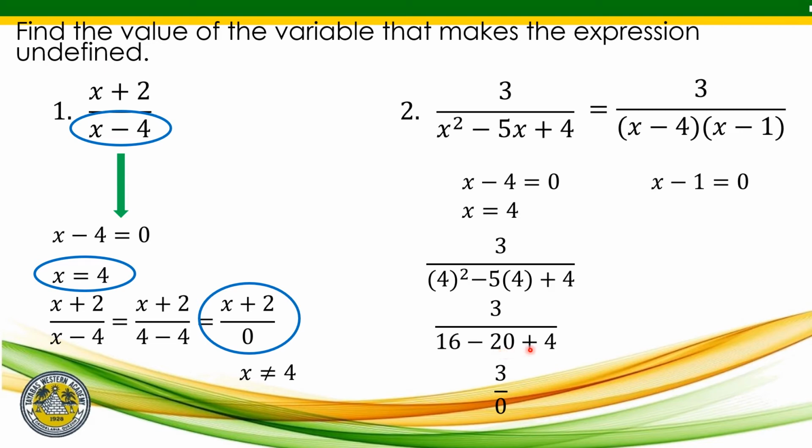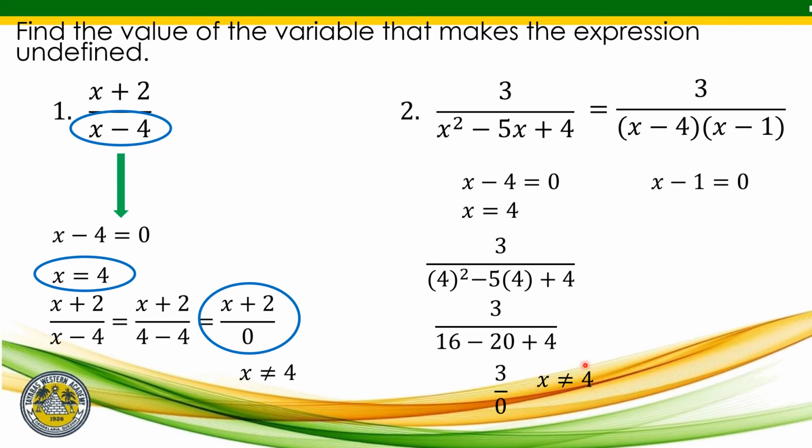Negative 4 plus 4 is 0. So yung result natin, 3 over 0. So kapag ang value ng x is equal to 4, magiging 0 ang ating denominator. So yung hinahanap nating value ng variable that makes the expression undefined is 4.